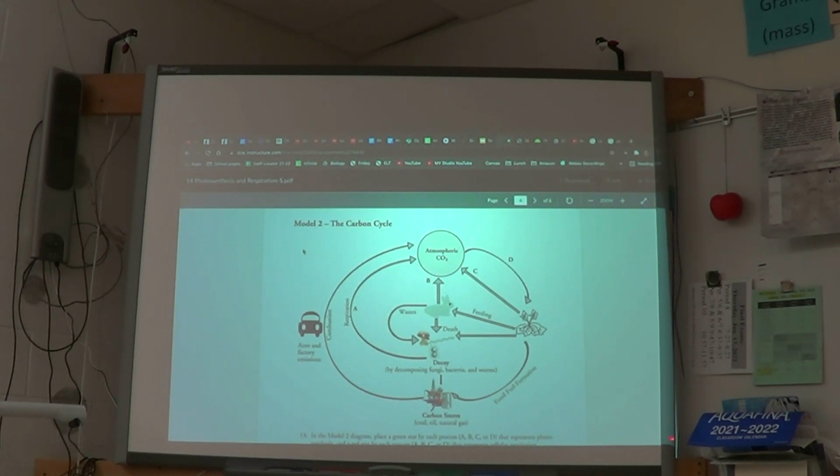I'm going to build a school, I'm going to build a road, stuff like that. So by cutting down trees and destroying plants, there's going to be less photosynthesis, which means we're removing less carbon dioxide from the atmosphere. And we're burning more fossil fuels, so we're removing less and adding more. Overall, our numbers are going up.